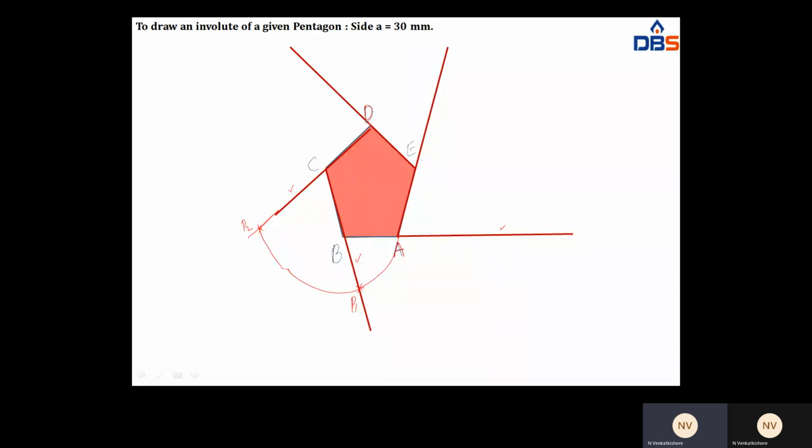Then D as a center, P2 as a distance, this is P3. Then E as a center, EP3 as a radius, this is P4. Next, A as a center, P4 as a distance.